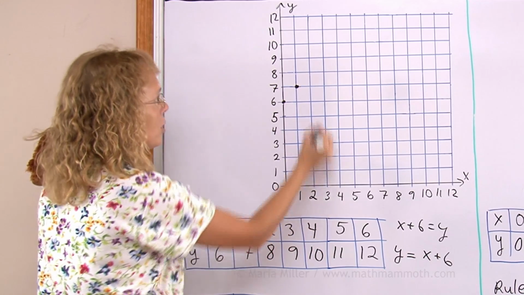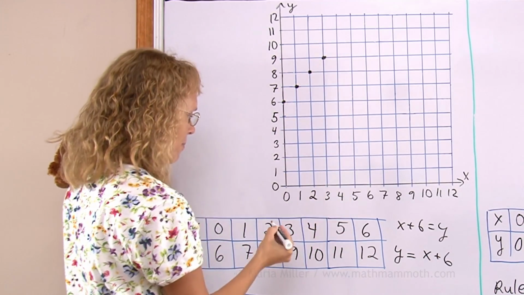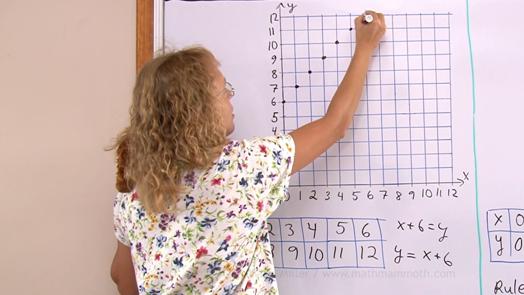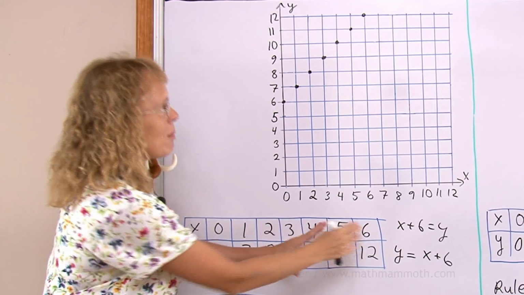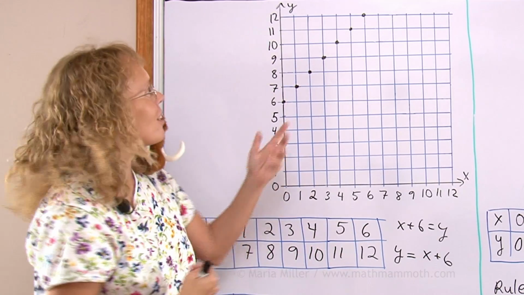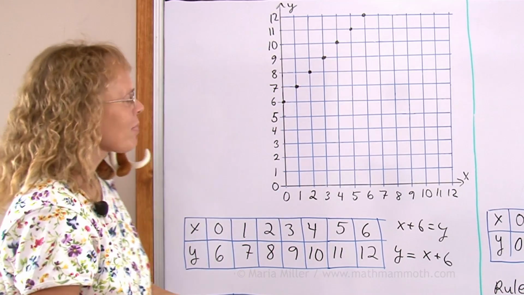And then 2 and 8, 3 and 9, you notice something here, 4 and 10, they go in a pattern on the grid too. Not only is there a pattern in the numbers, there's also a visual pattern, a geometric pattern here. These points lie on the same line, right?